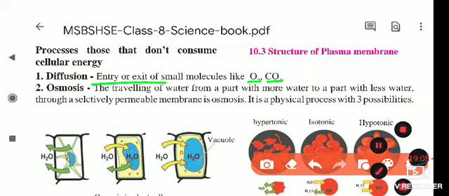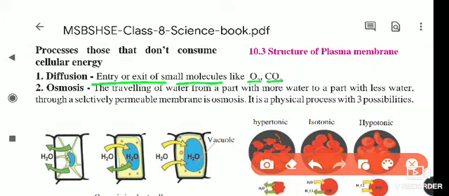This is called diffusion. Means the entry or exit of small molecules of O2 and CO2 in the cell is called diffusion.